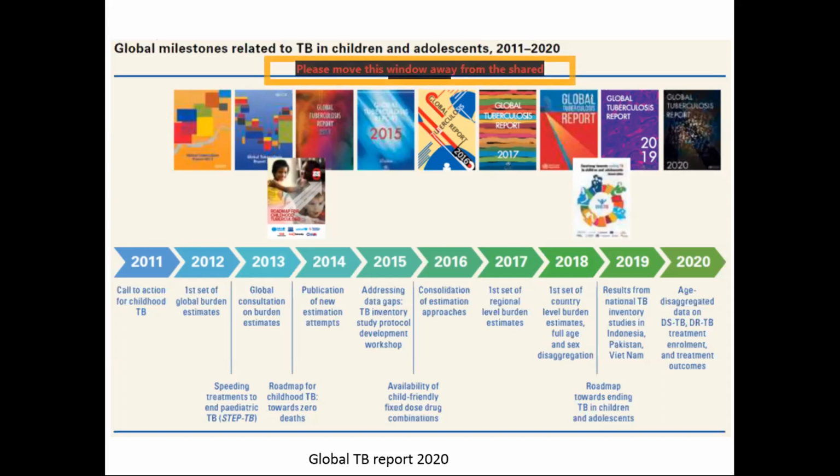In between, we've also had in 2015 the introduction of the pediatric TB formulations that aim to improve the treatment of TB in children. And in 2018, we have the roadmap, which is now providing us the guidance on how we are going to reach the End TB goals for pediatric TB. Next slide.